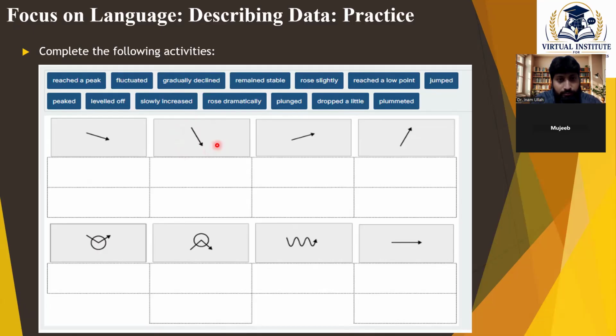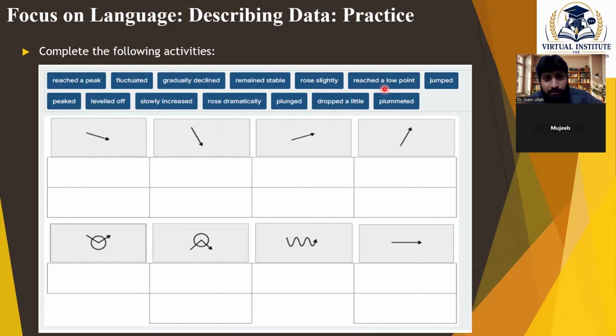Rose dramatically. No, it is not rising, it's going down, my dear. You can say reached a low point. Drop. Yes, you can say dropped a little. No, it's not dropping a little, it's dropping a lot, right?